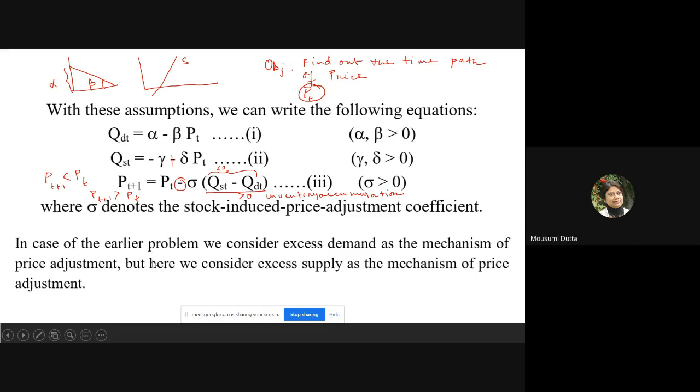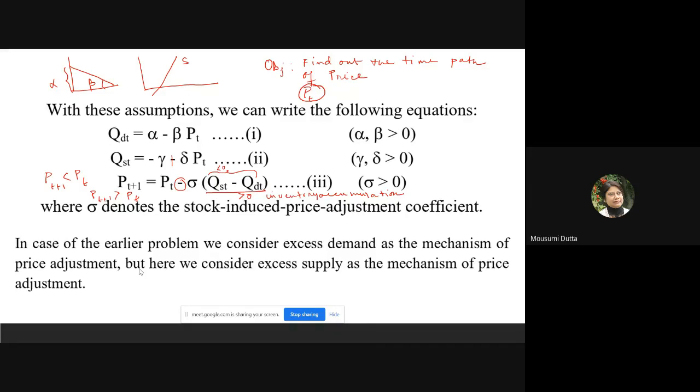So please write down, plugging equations 1 and 2 in equation 3, we get PT plus 1 is equal to PT minus sigma within bracket minus gamma plus delta PT minus alpha plus beta PT.